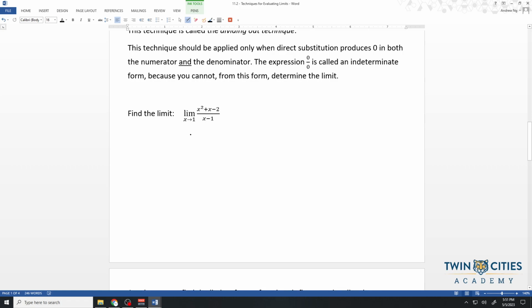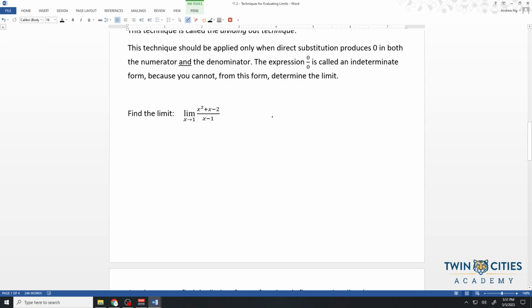Find the limit as x approaches 1 of (x squared plus x minus 2) all over (x minus 1). So first, try to plug in 1. Let's see, 1 squared would give us 1 plus 1 minus 2. So 1 plus 1 is 2, minus 2 is 0 on top, and then 1 minus 1 on bottom is 0 on the bottom. So this is 0 over 0.